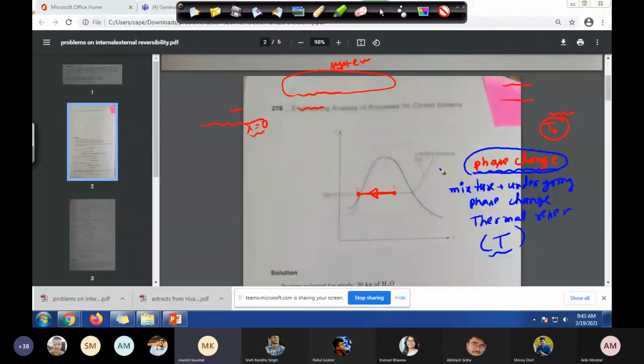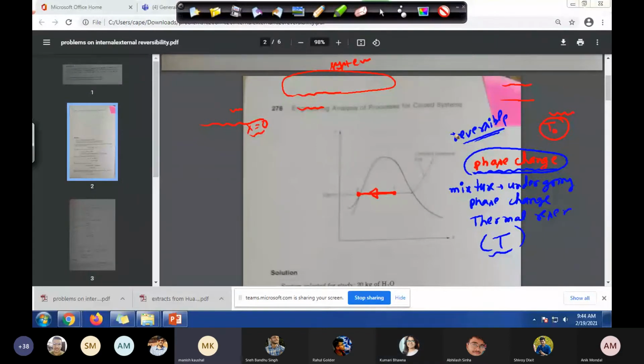And a thermal reservoir, Bhavna, is always reversible. Now, as you commented, there's the temperature difference. So consider this example. Tell me, what do you think? Whether heat will go abruptly to the system or differentially, even if the temperature difference is finite. It will go in a very slow manner, like phase change will, differentially.